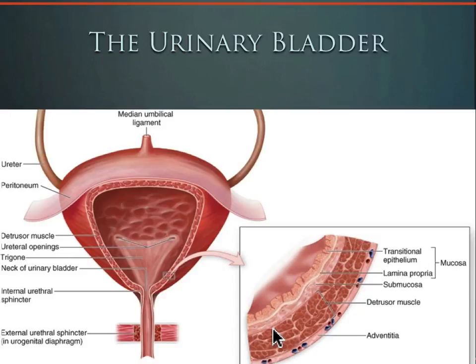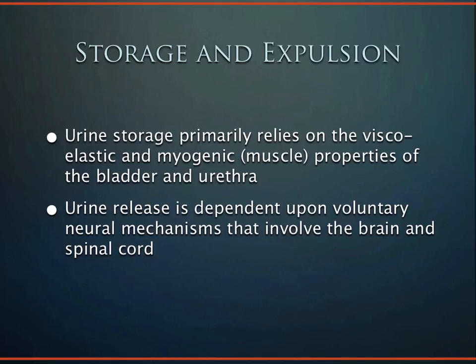And basically, it responds to the impulses of the autonomic nervous system and actually involuntarily contracts. And so the method in which the urine is stored and then eventually expelled involves a complex extrinsic neural regulation mechanism. The storage component really relies upon the elastic and the muscular properties of both the bladder and the urethra, whereas the release component is really dependent on the voluntary neural mechanisms that you control with your brain and your spinal cord.